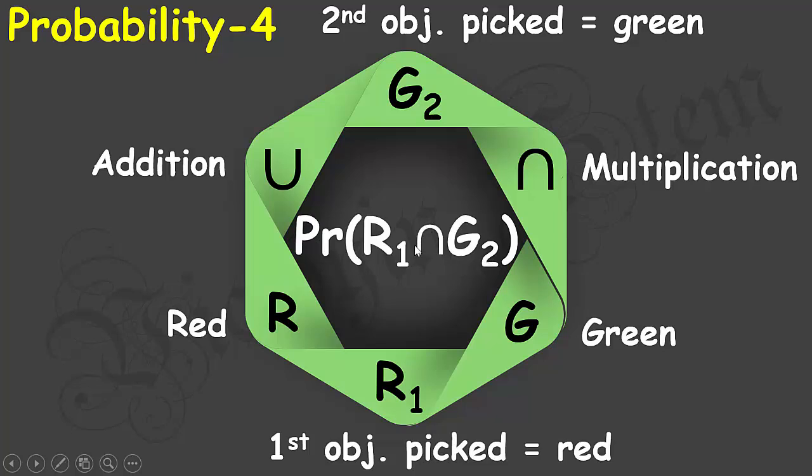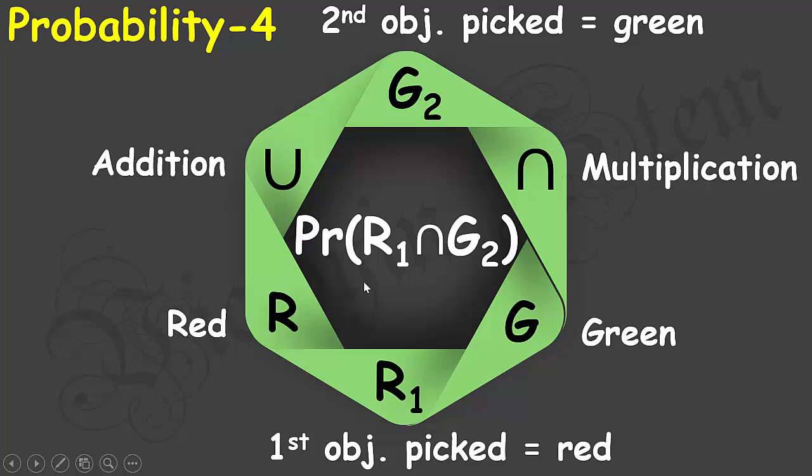This symbol means intersection in set theory, but over here it means and, which implies multiplication in probability. So if the first object picked from the box by the person is red and the second object picked is green, this is how we represent it in probability.